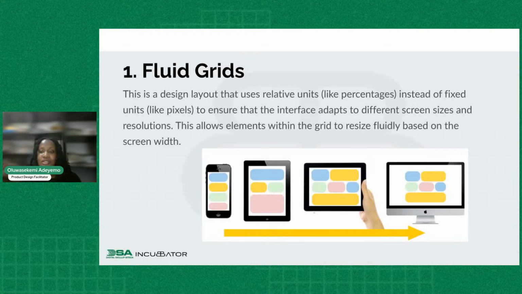Okay, let's say the desktop is like 24 inches and the iPad is like 11 inches. So where fluid grid comes in is the developer has thought of that and said, okay, no matter how you want to show it, make sure you don't take more than, we calculated 90, you don't take more than 90% of the screen, so that there's an extra 5 and an extra 5 to make 100% of the screen.